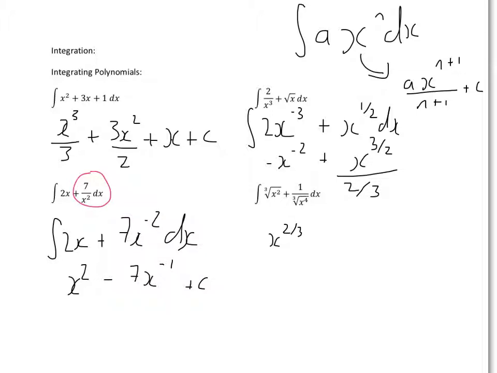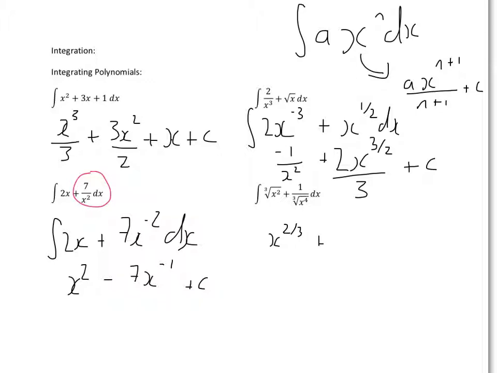However, most of us would prefer to write dividing by 3 over 2 as the same as timesing by 2 over 3. Okay, plus c. Alright, and you could tidy up that other one if you wanted and make that negative 1 over x squared. Your call.